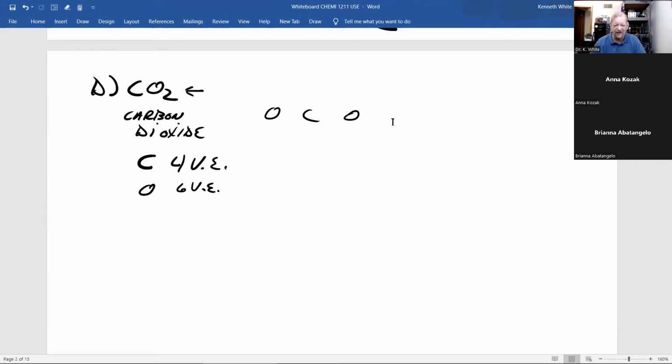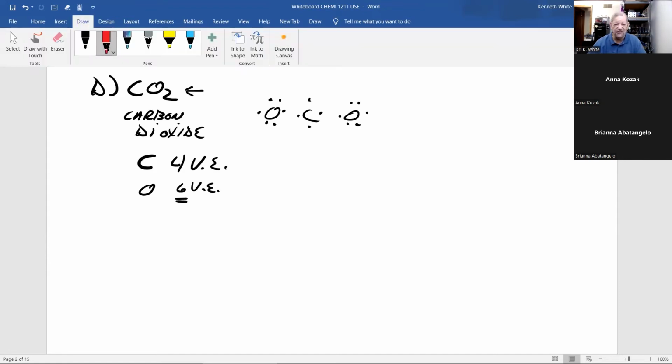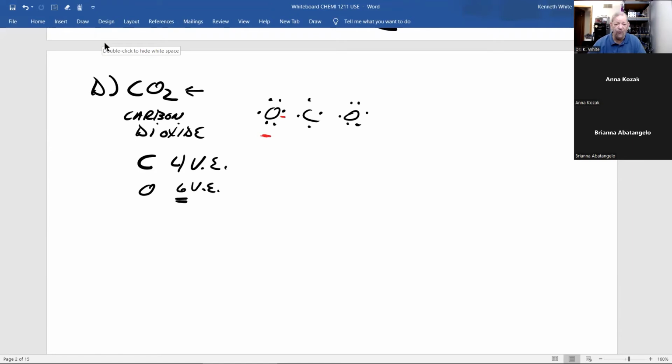All right, let's get going. How many valence electrons does oxygen have? Well, you figure that out, 6. How many does carbon have? 4. And I'll do the other oxygen. Now, this oxygen says to carbon, I have 2 non-paired valence electrons. You have 2. Let's share.